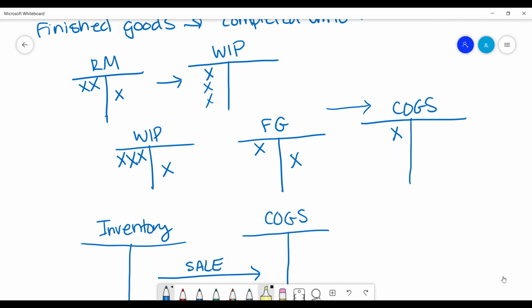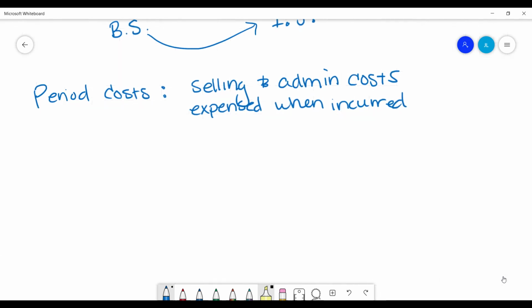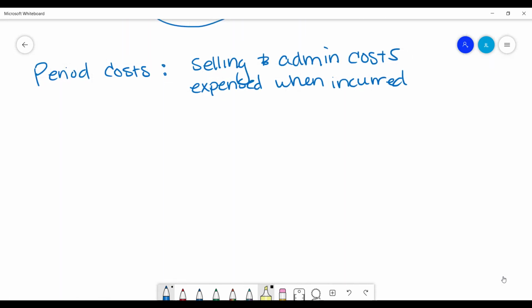But before that product is sold, those costs of making a product are sitting in inventory on the balance sheet. They are inventoried or inventoriable costs. Okay, but period costs, selling and administrative costs, those don't sit in inventory because they don't have anything to do with the manufacturing process. So they are expensed when incurred. So they will directly be put into the expense account that is relevant to that specific cost. So they directly and immediately go to the income statement. Okay, so period costs are expensed when incurred, where product costs are inventoried until that product is sold and it moves to cost of goods sold.